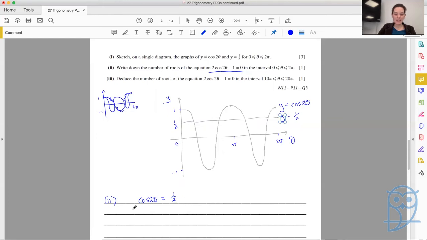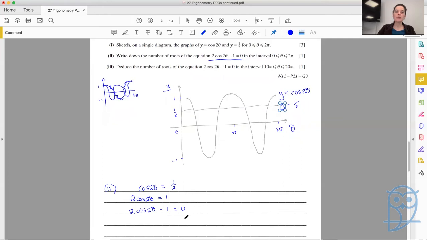And if we work the magic, 2 cos 2 theta equals 1, 2 cos 2 theta minus 1 equals 0. So we have confirmed that we're just looking for the number of intersections between the line and the curve that we've drawn. So the number of roots is 1, 2, 3, 4. So therefore, we have 4 roots between 0 and 2 pi.